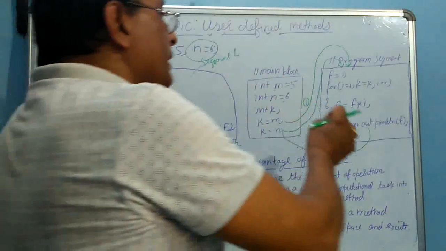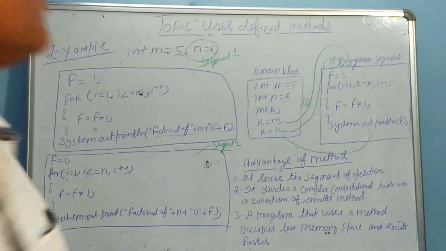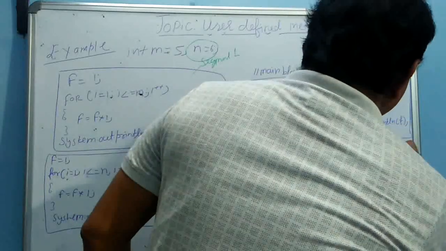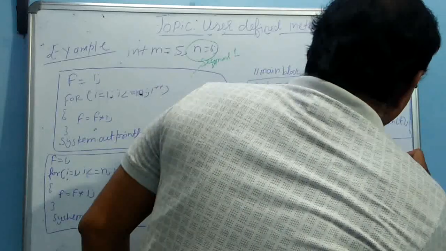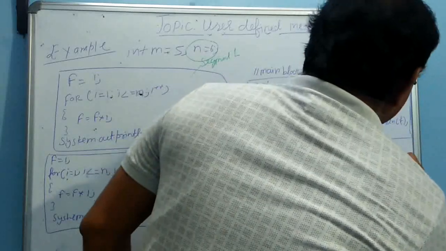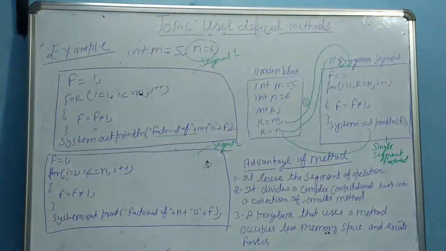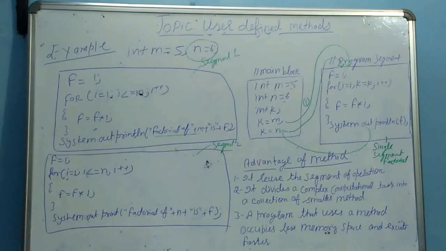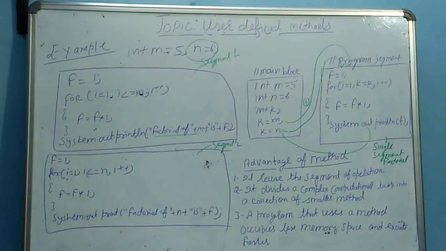Then it will be calculated in the single box, called the single segment factorial. Then again that value will come inside the main block.